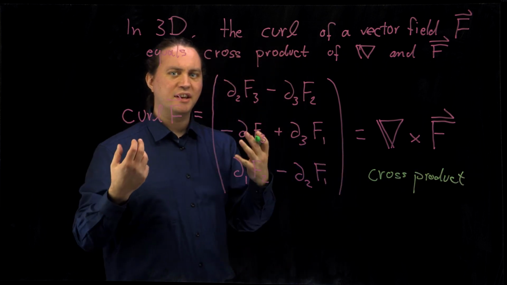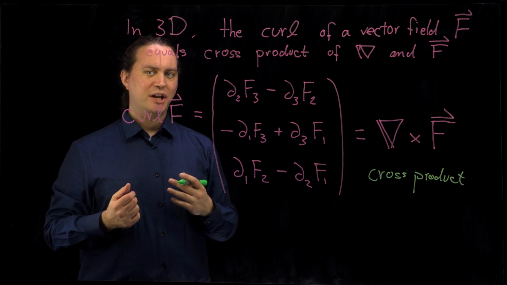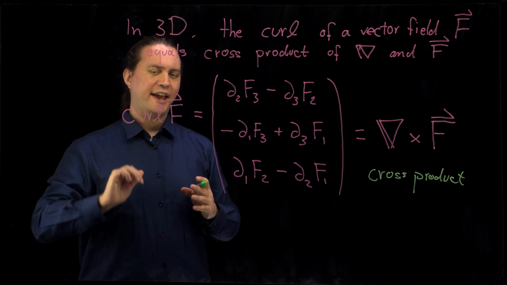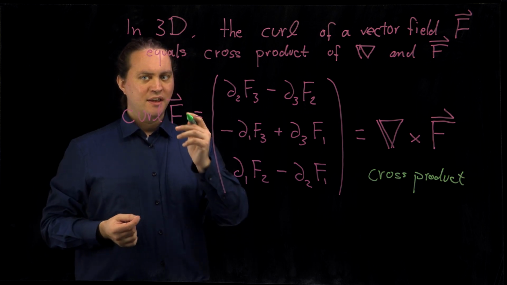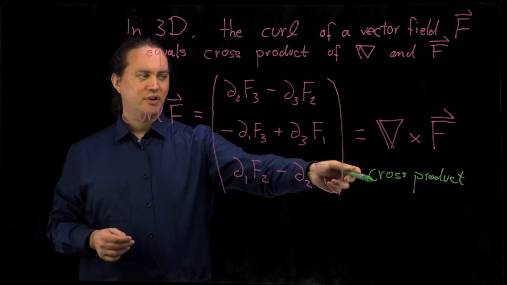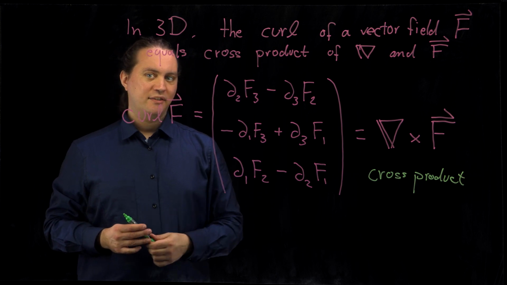So just like we can connect the gradient with scalar vector multiplication, and the divergence with a scalar product of nabla and some function, we can relate the curl of some vector field as a cross product of the nabla symbol and the vector field itself.